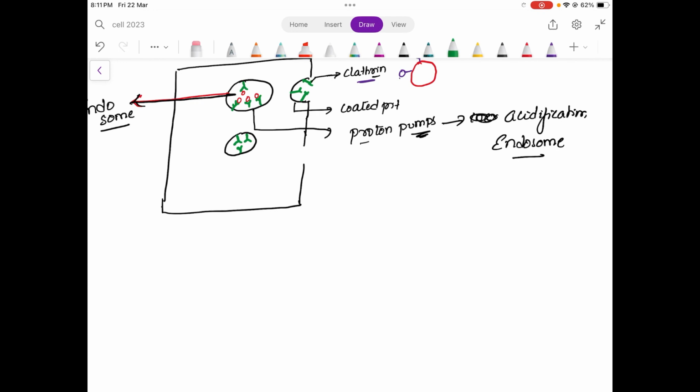These clathrin coated receptors are separated, and an endosome with LDL molecules will be there. The clathrin coated receptors will be recycled back to the cell membrane, and they will form clathrin coated pits once again.